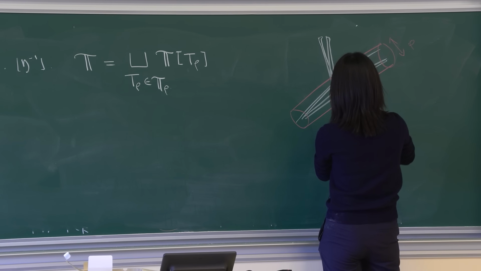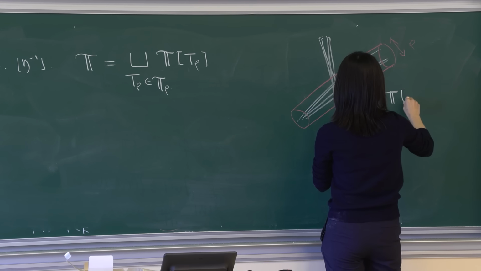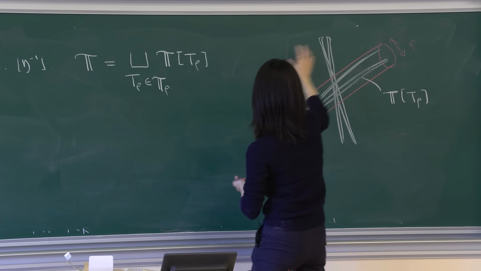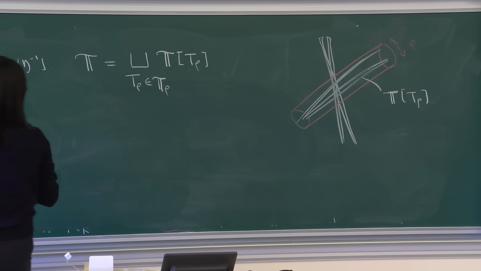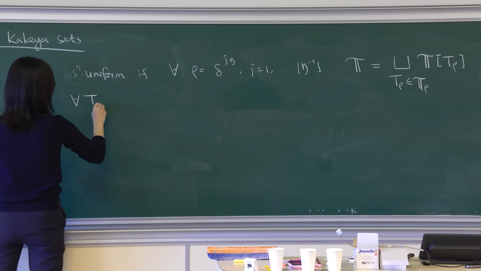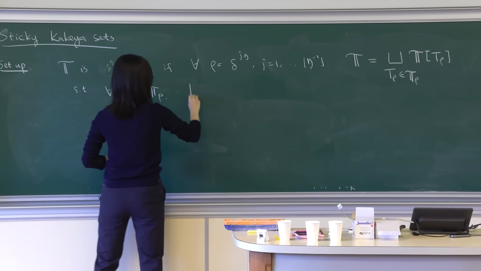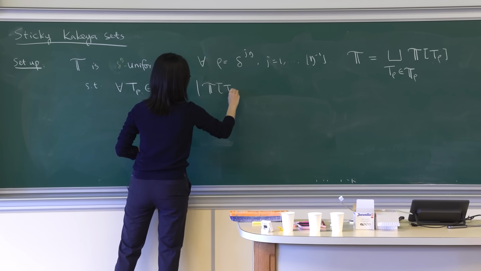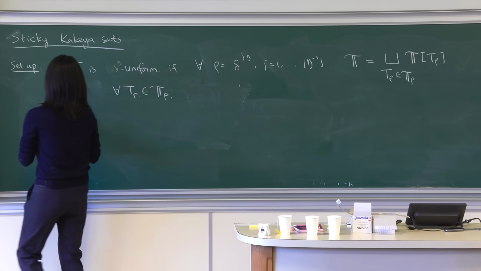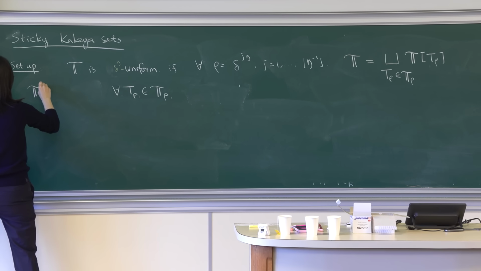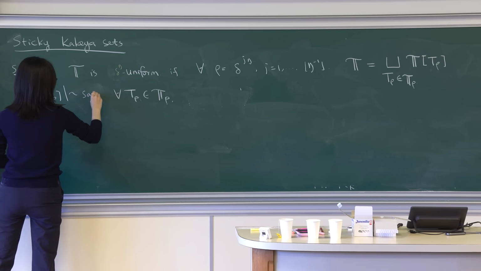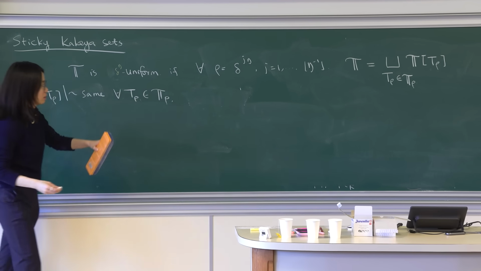We can decompose T as the union of the thin tubes inside the rho tube, such that for each T rho, the number of delta tubes contained in the rho tube is roughly the same as T rho varies in our collection.